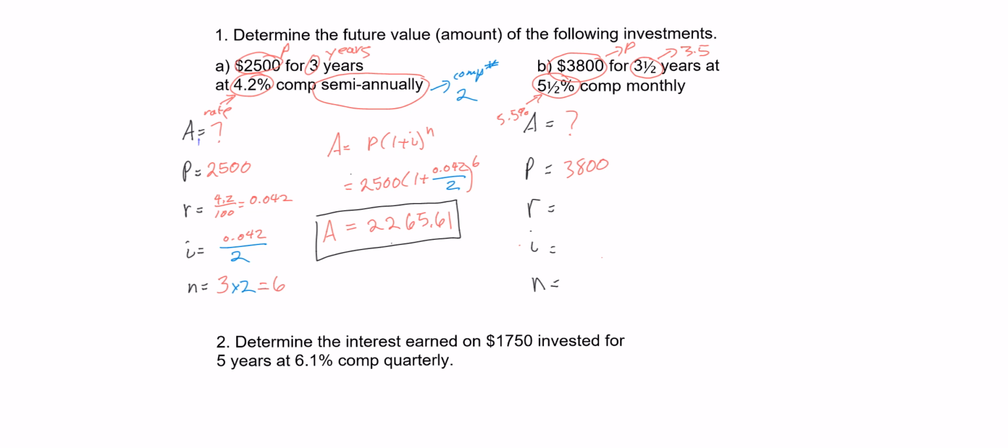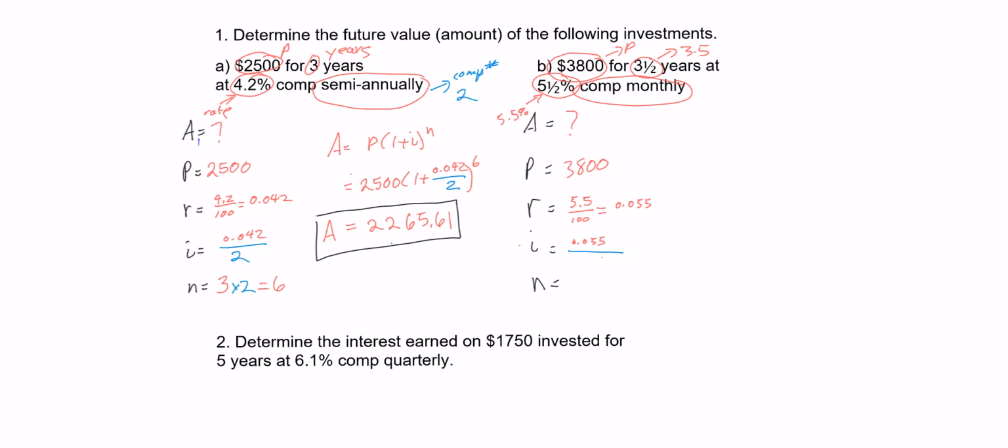R, I don't know about. R will equal basically 5.5 divided by 100, which is going to equal 0.055 on your calculator when you do it. Then I is going to be 0.055, and we divide by some number.